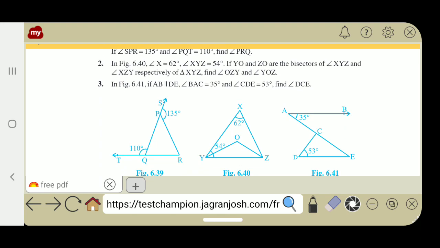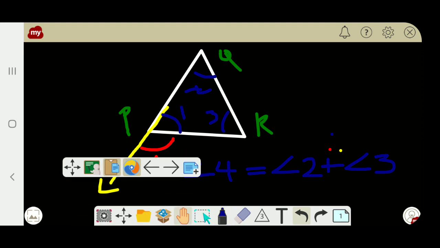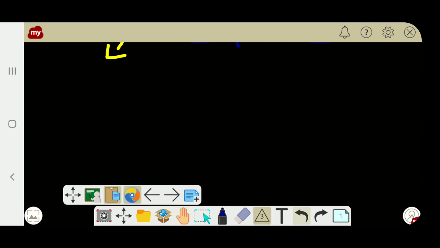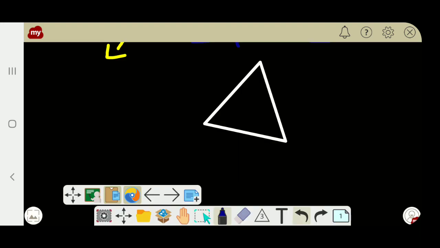First, we can consider a triangle PQR, named as in the question. Here P, here Q, here R.